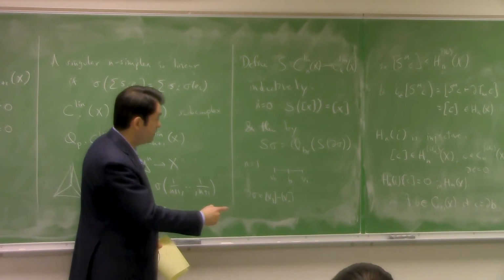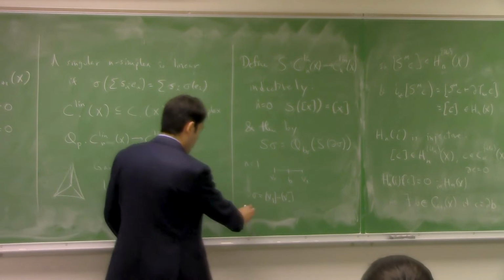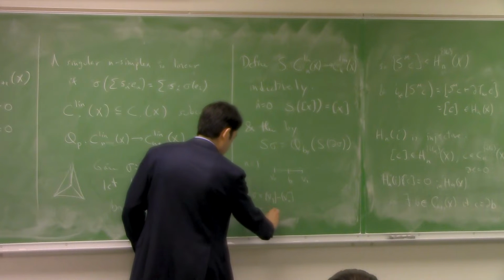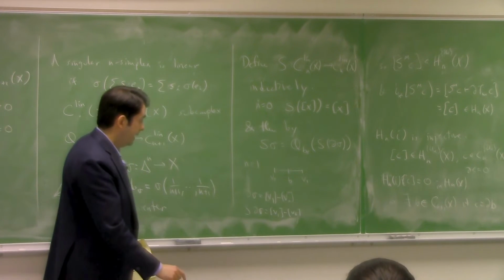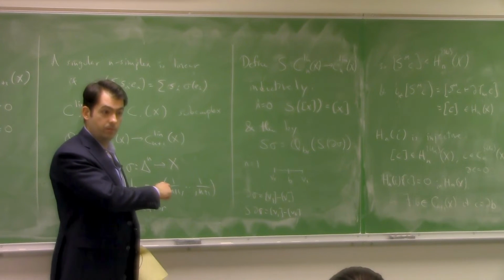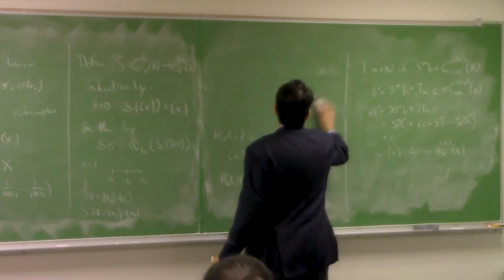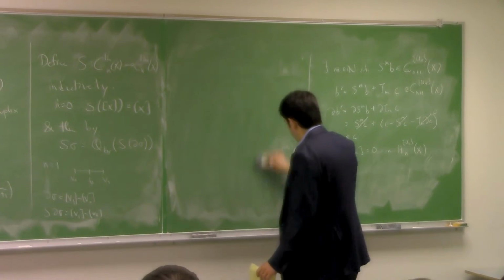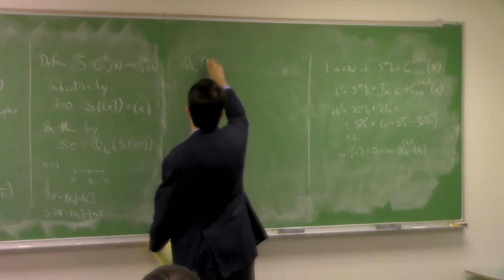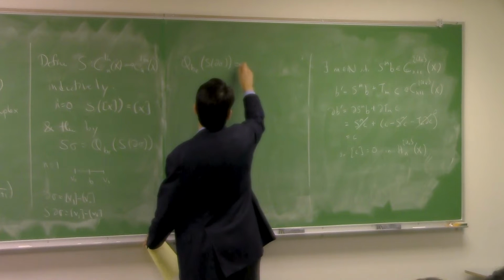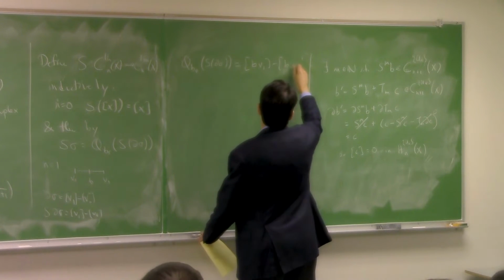S is the identity on points, so S of the boundary would just be this again, v1 minus v0. And then you cone on that. Q_{b_sigma} of S of the boundary of sigma would be [b, v1] minus [b, v0].